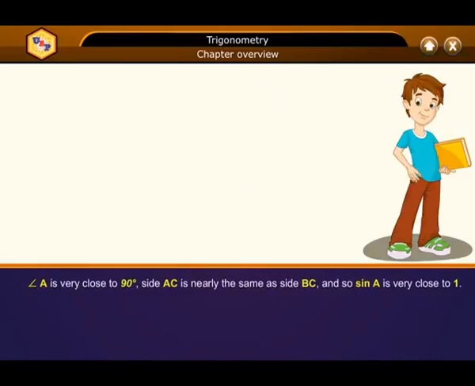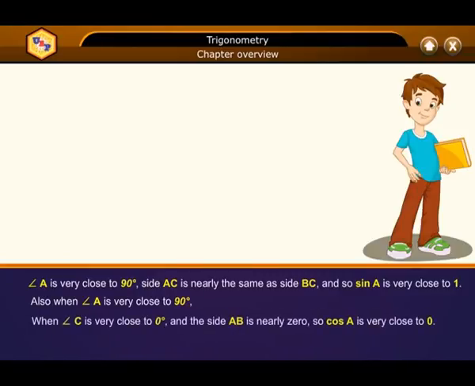So sin A is very close to 1. Also, the side AB is nearly 0, so cos A is very close to 0. So we define sin 90 degrees equal to 1 and cos 90 degrees equal to 0.